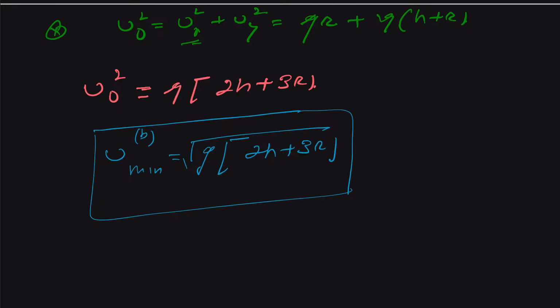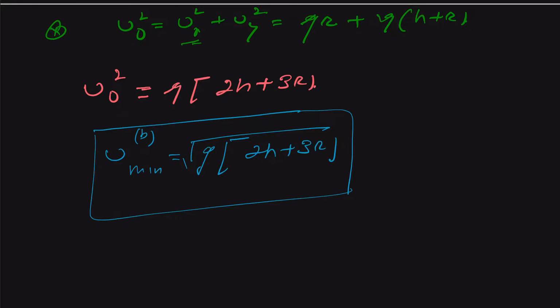So this was our important question, and we have to remember that in part A, the important point is that if we want the launch velocity to be minimum, then the launch coordinate should be just below, vertically, the maximum height.